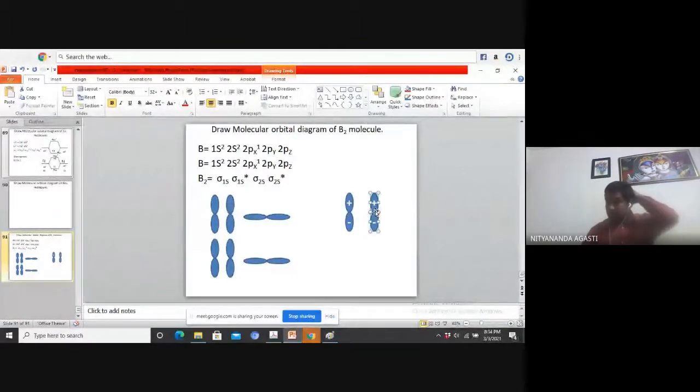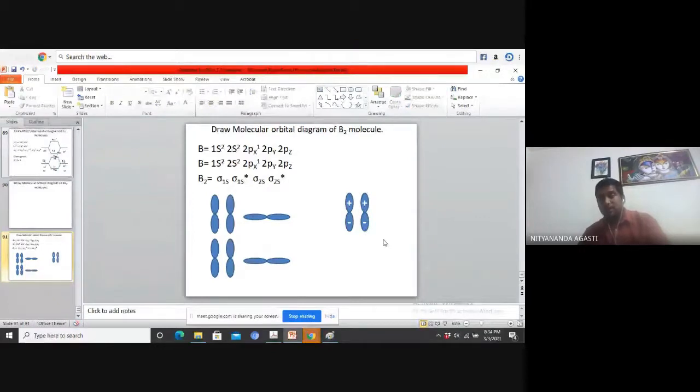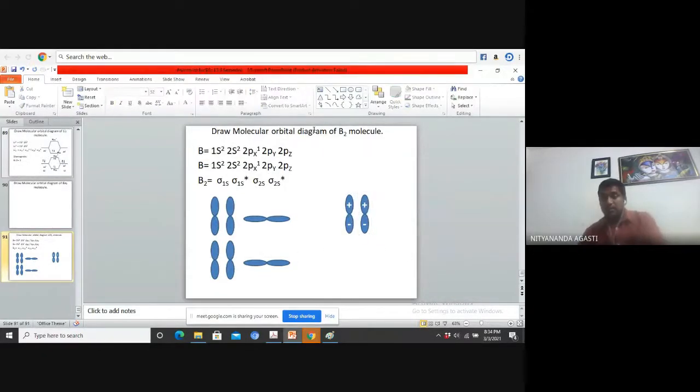They will combine to give you a bonding molecular orbital. That is a pi orbital, because they will undergo lateral overlapping. This one, lateral overlapping. So this will give you a bonding molecular orbital.